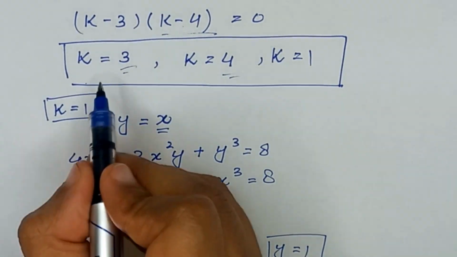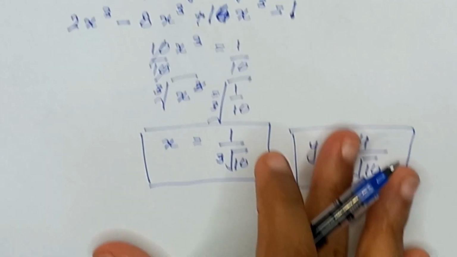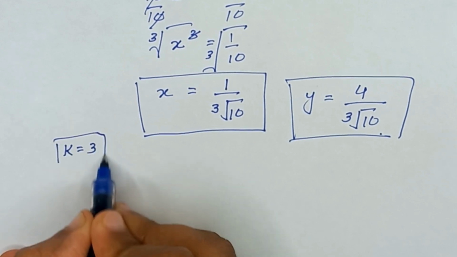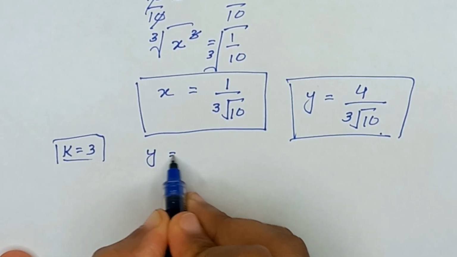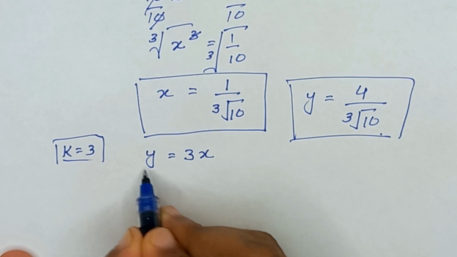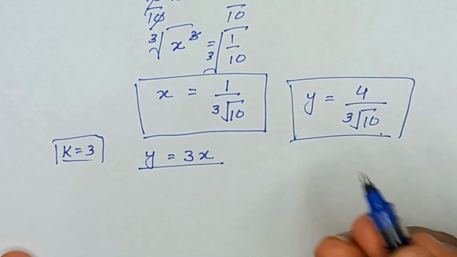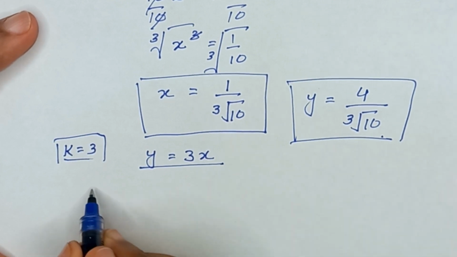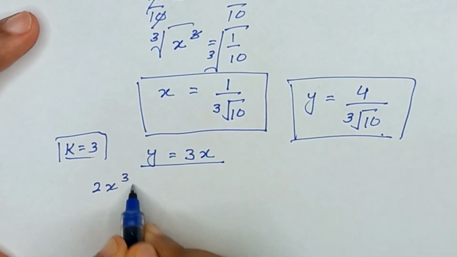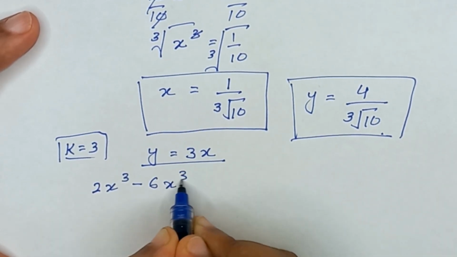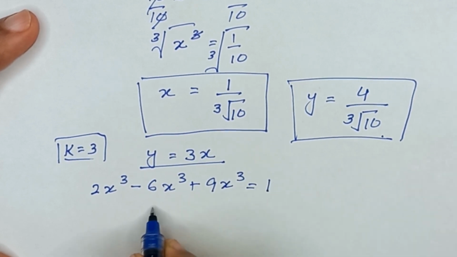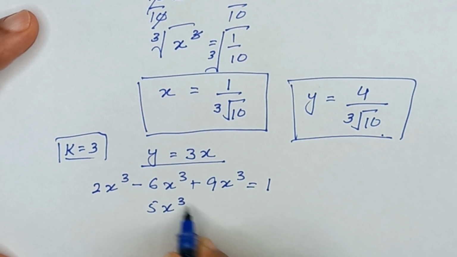Now for k is equal to 3. When k is equal to 3, y will be equal to 3x. Similarly, substitute this value in equation 1 or 2. I will substitute in equation 2. Then it will become 2x cube minus 6x cube plus 9x cube is equal to 1, and it will be 5x cube is equal to 1.